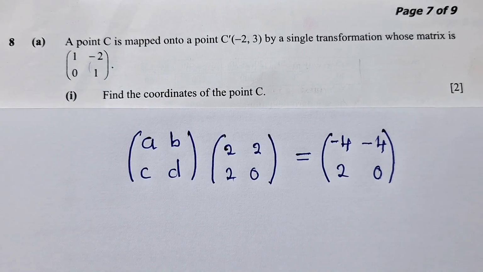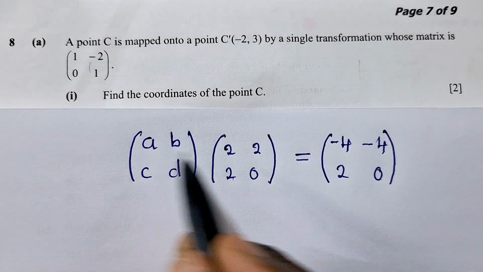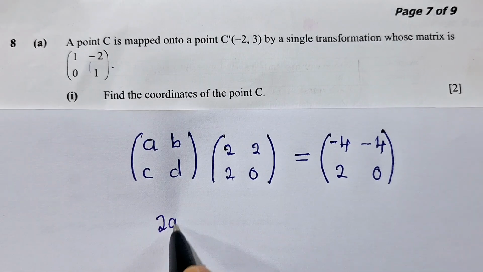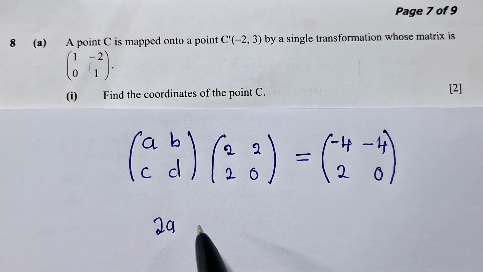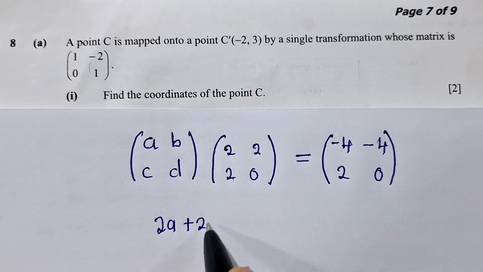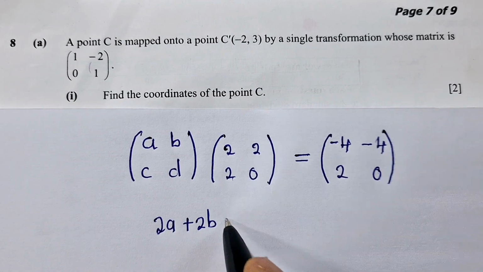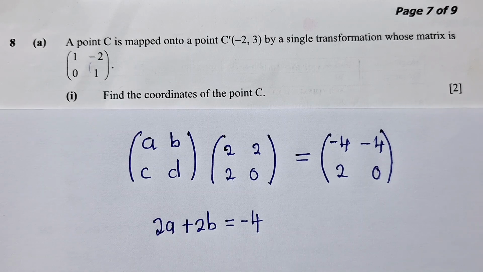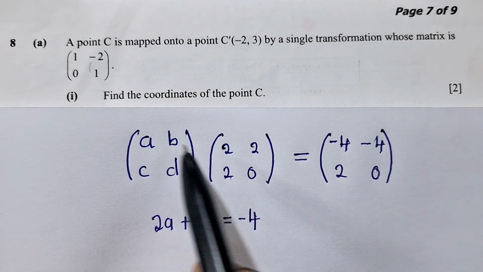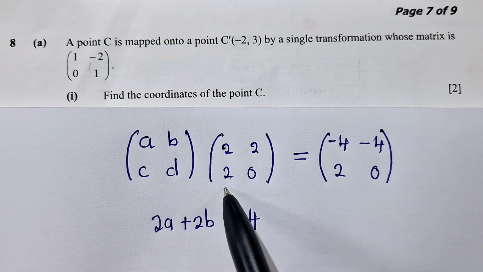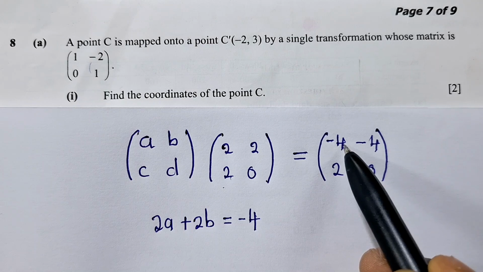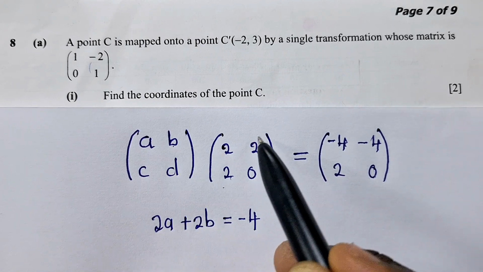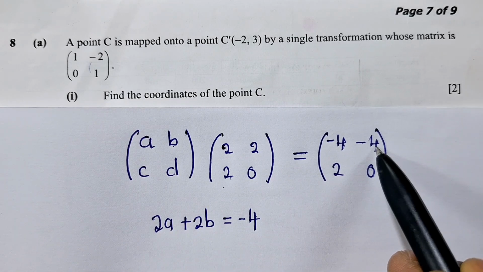And when you do this, we now start multiplying. A times 2, that is a 2A. B times 2, it's a 2B. This will be equal to -4. So let me show you again. When multiplying this row by the column, it will be equal to this. Again, the same row by the column, it will be equal to this.